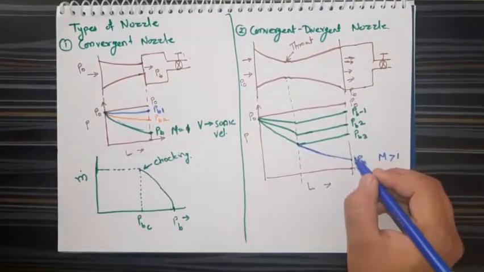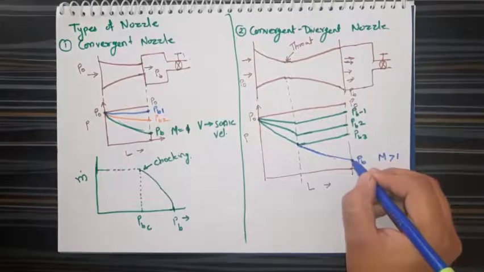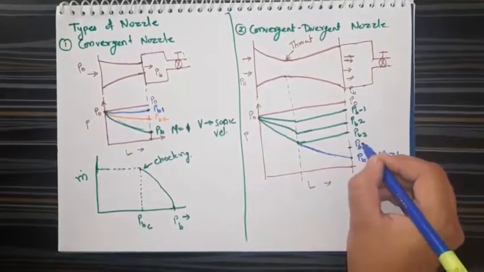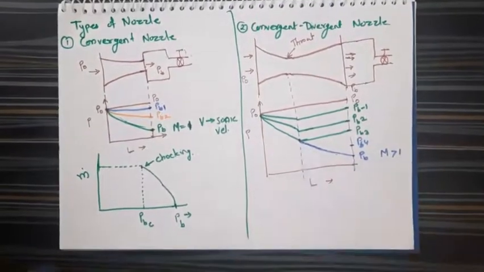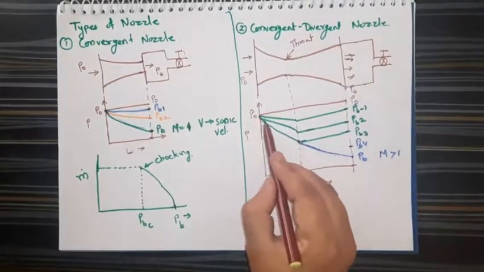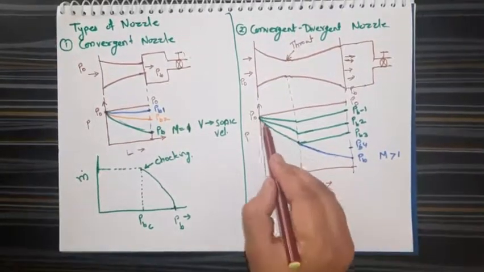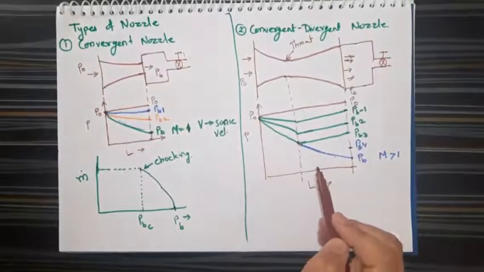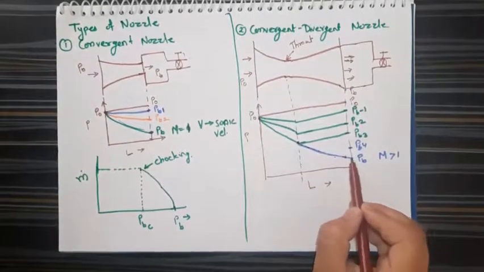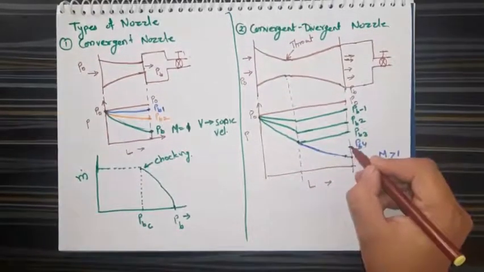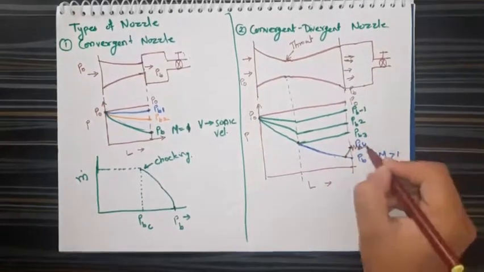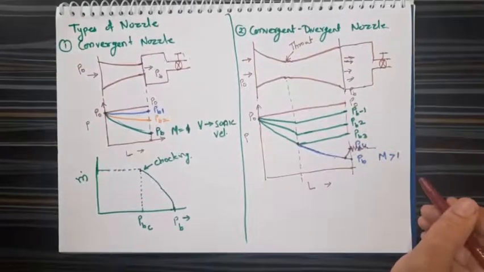Now what happens if the pressure is not this one, it's above here? So here let's say PB4. What will happen if the pressure is something like this? In the convergent section, the pressure will drop till it reaches the sonic velocity, and further again it will reach over here, and once it reaches somewhere here, to catch up to this pressure it will suddenly increase and you will observe shock waves, which is again not feasible.